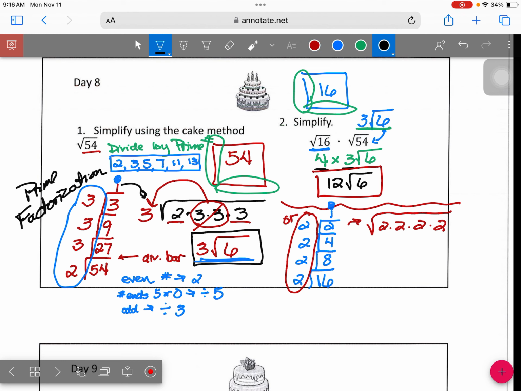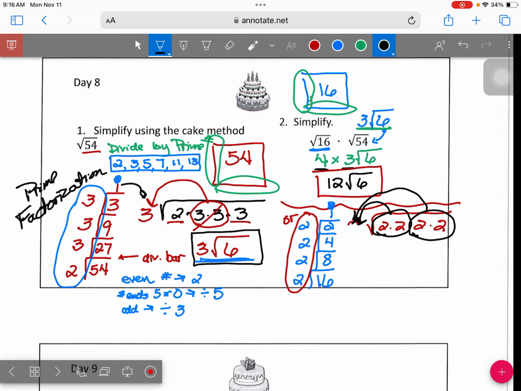Okay? So I'm looking for pairs of numbers. So here's a pair. We know 2 times 2 is 4. If I would take the square root of 4, that's 2. So I'm going to kick that out. Here is another pair of 2's. I'm going to kick that out. And when you kick it out, you are taking the square root of those pairs of numbers.